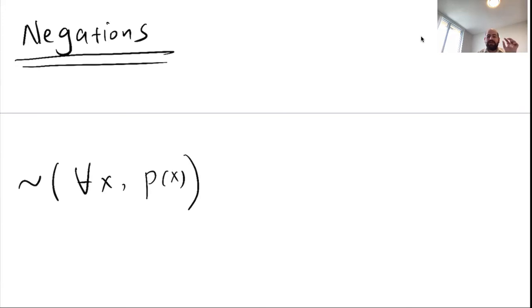If there exists at least one student whose GPA is less than or equal to 3.6, then I can say it's not the case that for each student, their GPA is more than 3.6. So this is logically equivalent with there exists X with negation P of X.